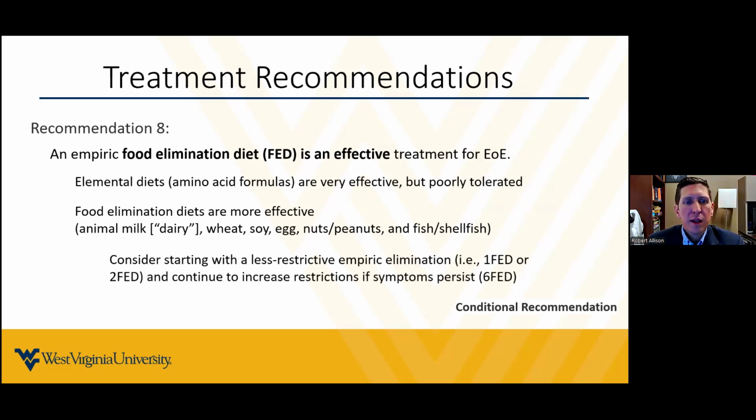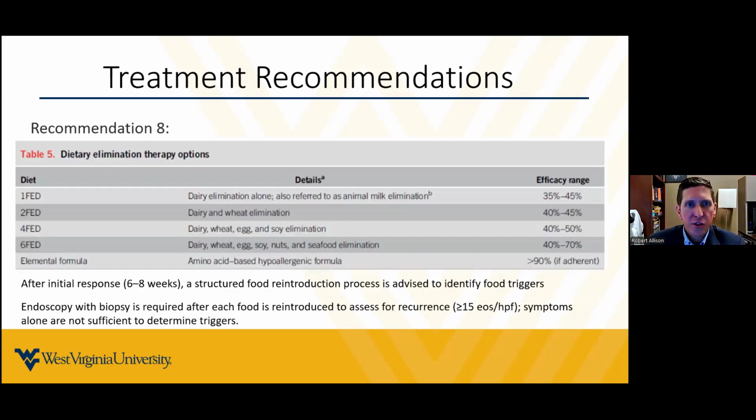So you could consider starting with maybe one of them and see how symptoms go. And if they still have symptoms, then you can progress by suggesting that the patient eliminate a second allergen. And then you can progress all the way up to 6 food elimination diets.